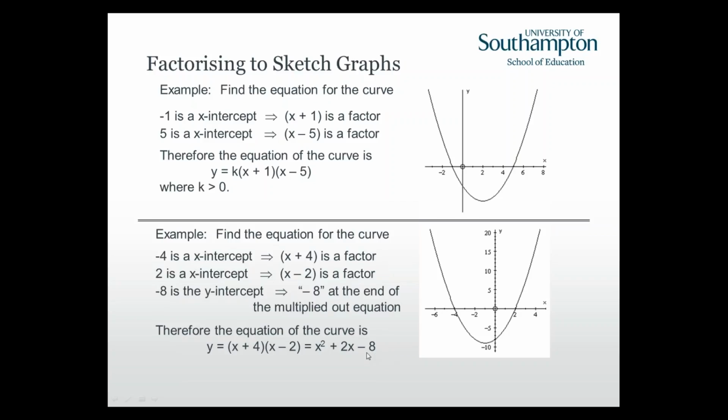If you'd found that that was cutting at -16, then you would have known that actually this was going to be 2 lots of this graph in order to get that. So if you are given the full graph with the y-intercept, then you can find the full equation for the curve. If you've only got the x-intercepts, it will be a family of curves.